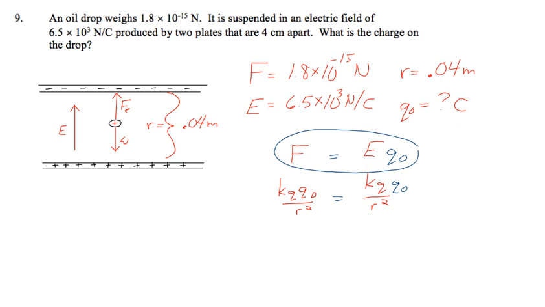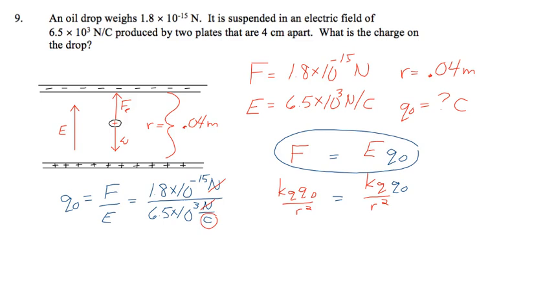So the Q0 is going to equal F divided by E. The force is 1.8 times 10 to the negative 15 newtons, and I'm going to divide that by the electric field intensity, which is 6.5 times 10 to the third newtons per coulomb. My newtons will cancel, and the only unit I have left is coulomb in the denominator of a denominator.